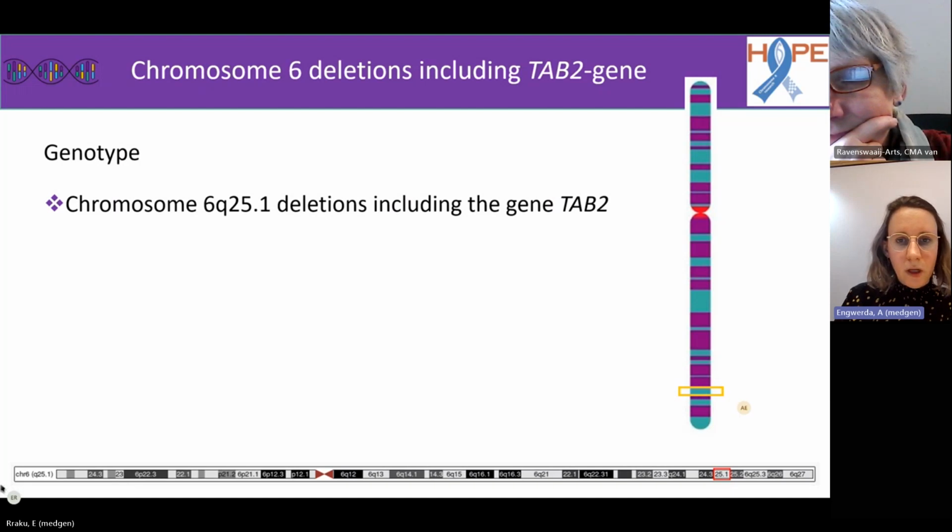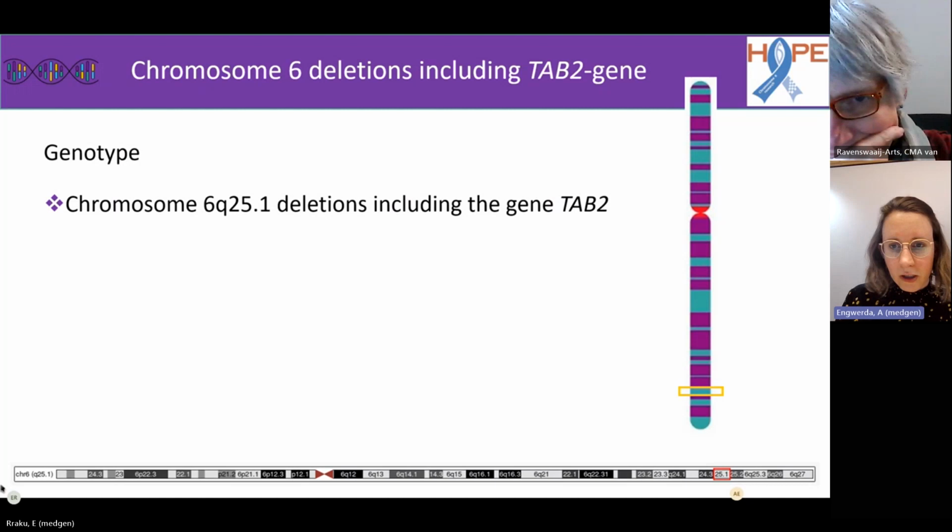And the gene TAP2 is within the chromosome band 6q25.1. So this is the chromosome band 6q25.1, and the gene is within there. Below you also see a representation of chromosome 6, and then here you see in the red box the chromosome band 6q25.1, in between the bands 24.3 and 25.2.